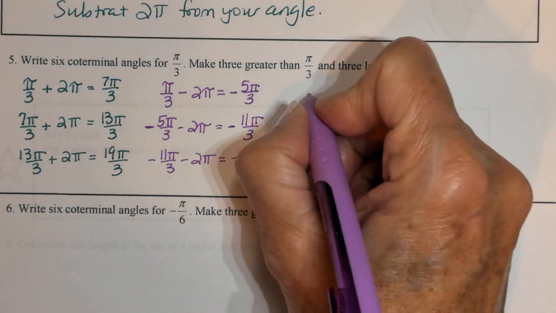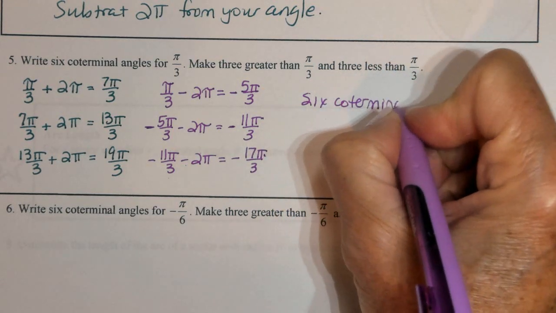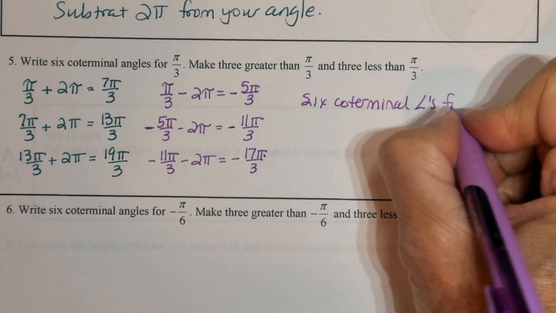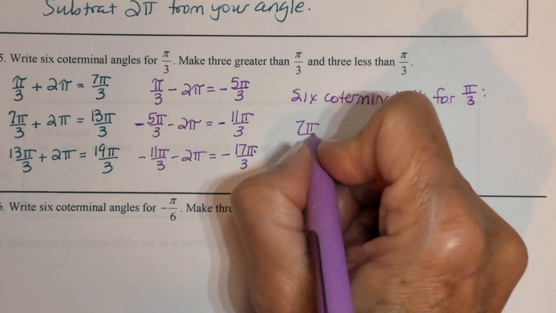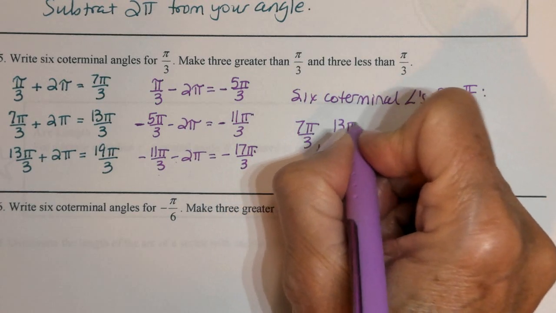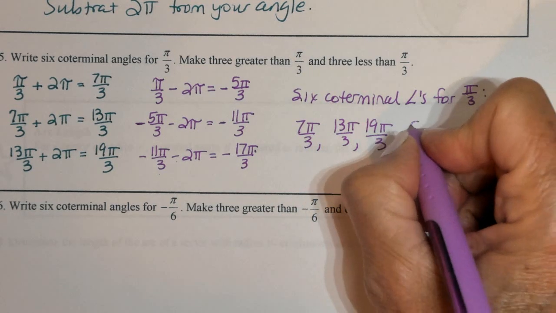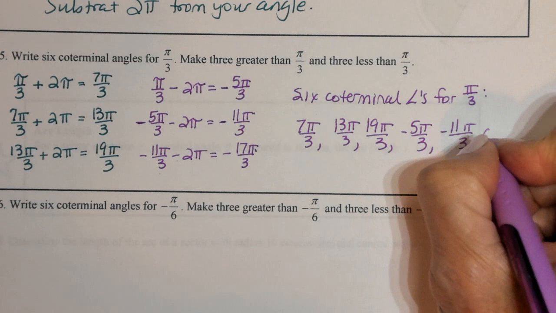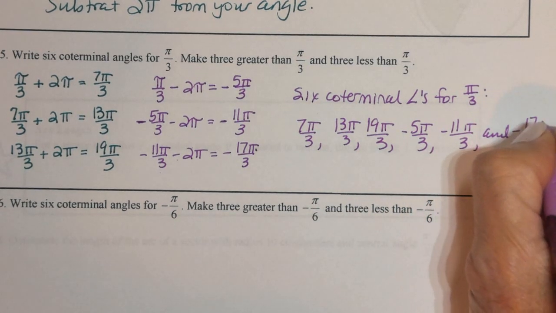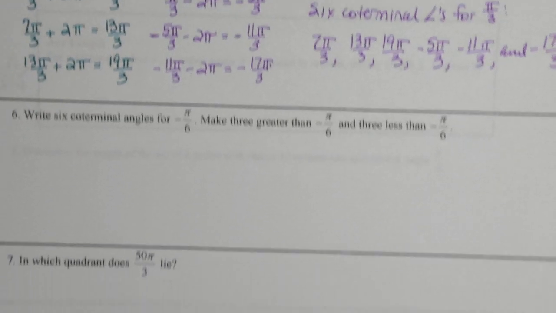So 6 coterminal angles for pi over 3 are 7 pi over 3, 13 pi over 3, 19 pi over 3, negative 5 pi over 3, negative 11 pi over 3, and negative 17 pi over 3. But we could get an infinite number more if we liked.